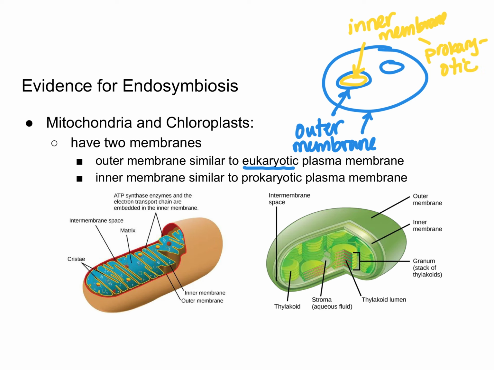And you can see that on these pictures down here. So with the mitochondria, which is what we have here, the outer membrane is this orangey area. And the inner membrane is this yellow part in here.